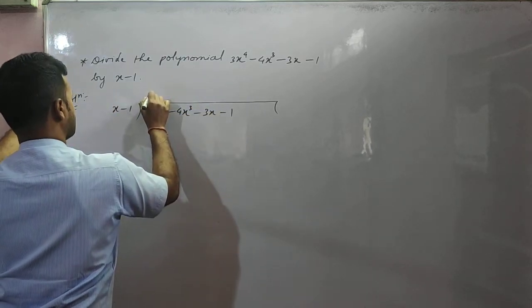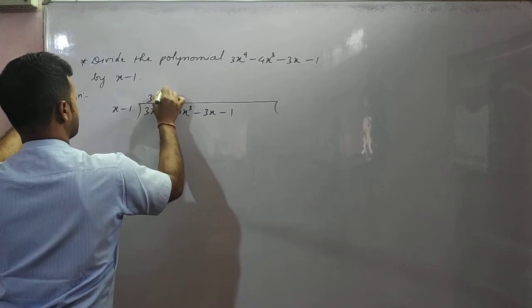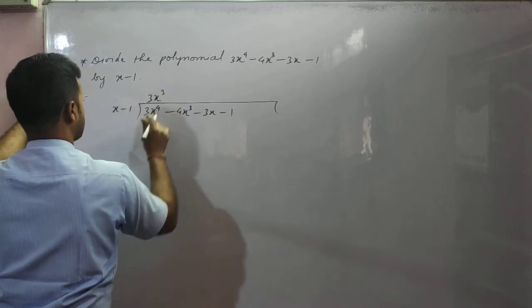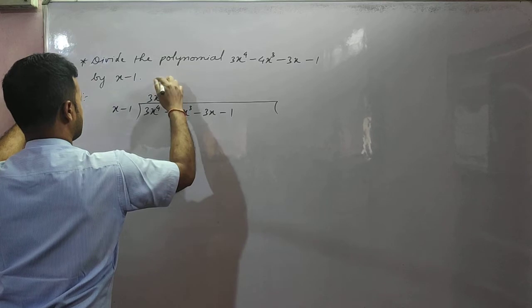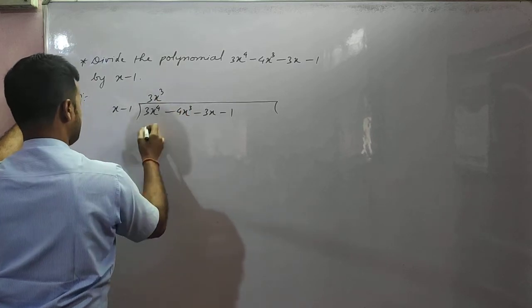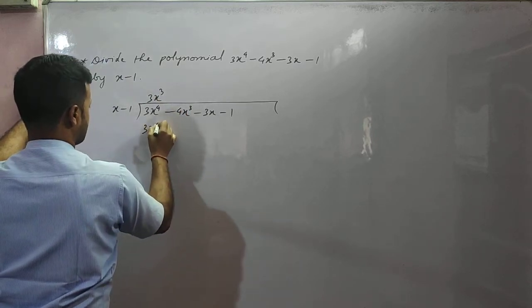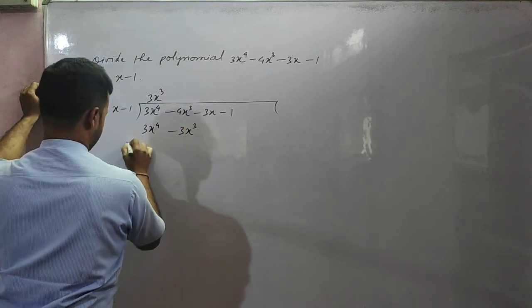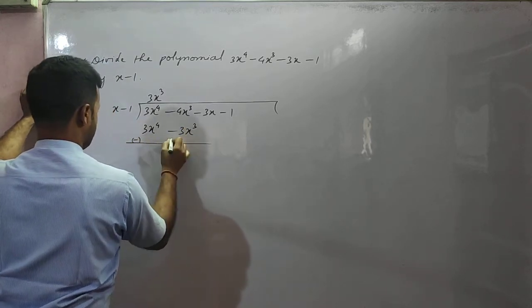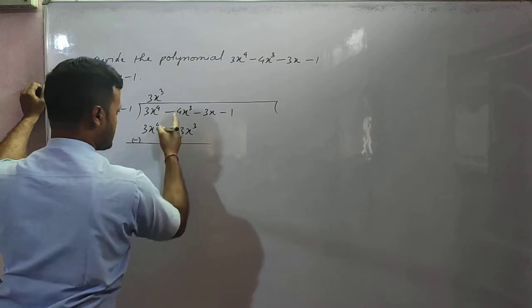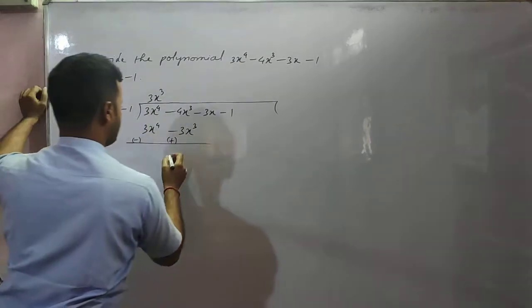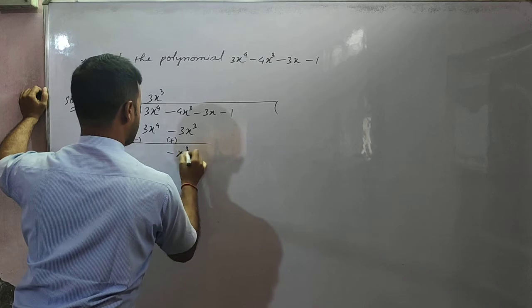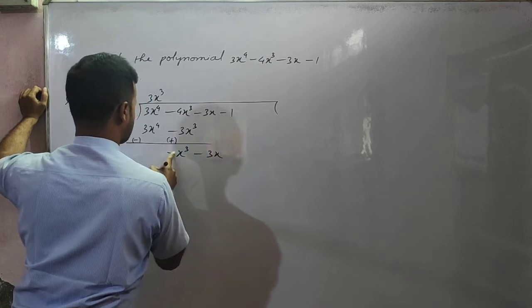So 3x cubed times x, 3x to the power 4, sign will change, minus 4 plus 3 will become minus x cubed, minus 3x.